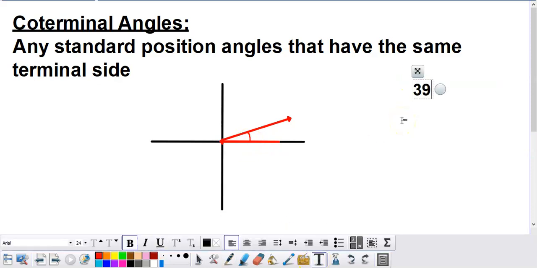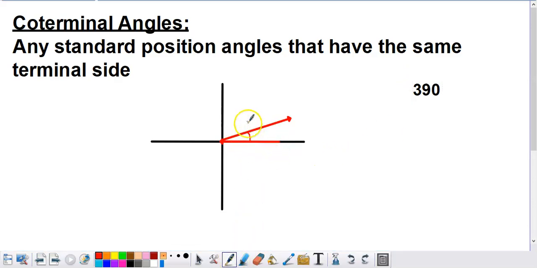I'm going to move that 360 degrees around the circle counterclockwise since it's a positive angle. This would get me 360. I need to go 30 beyond that. This angle looks the same as the 30-degree angle we plotted a few minutes ago.